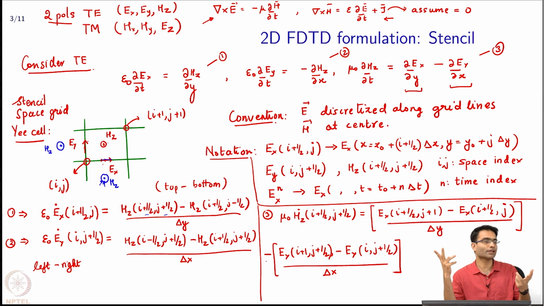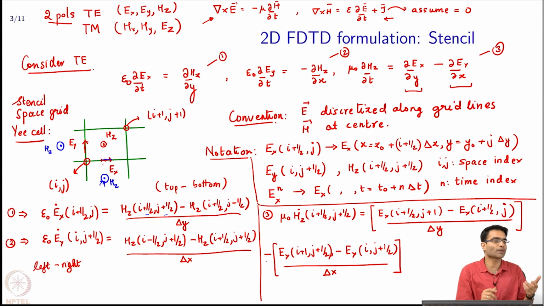If I want Ex at ij, I can discretize at half the grid size, so I will get it at that point also. Or the smarter way would be to average. I know Ex on the left hand side and on the other side, so if I take the average of those two, I will get an approximate value of the electric field at I comma j.